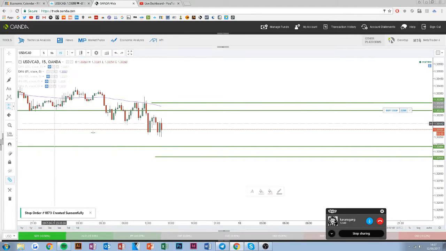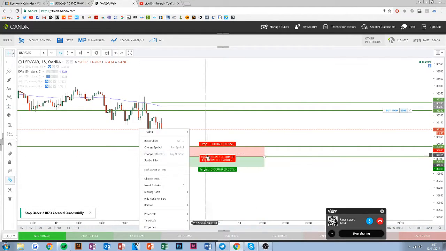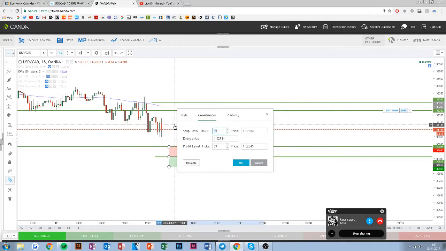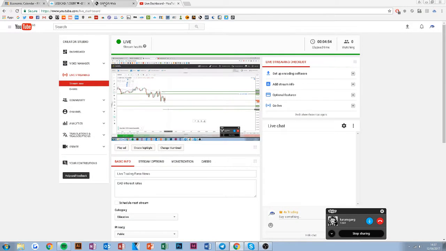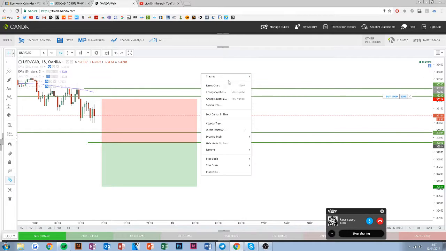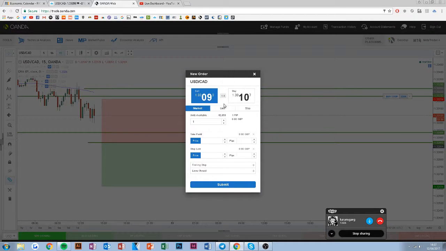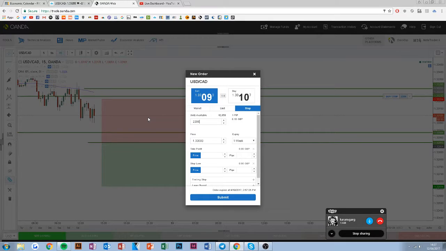It's 3 minutes left. Alright, short position. Classic trading defaults. Alright, is anyone watching? No, it's not watching, nice. Create an order, sell stop, 2209, 1.32914.